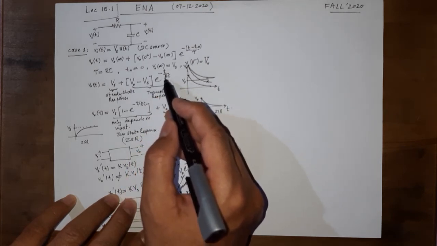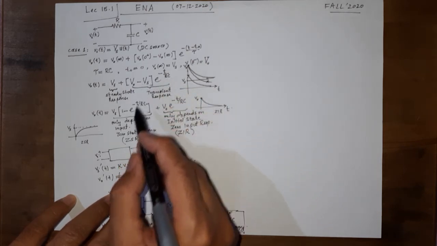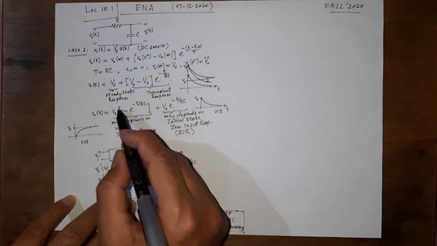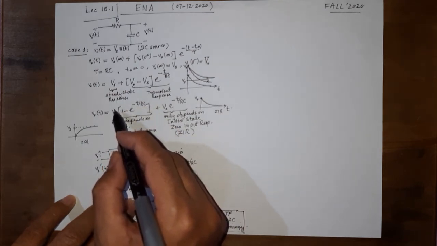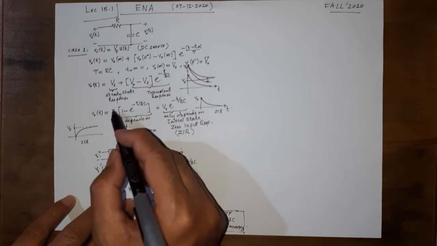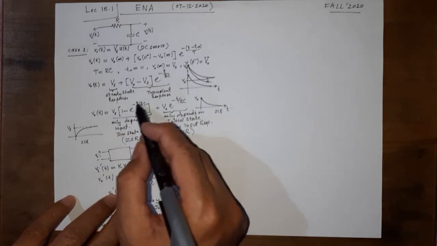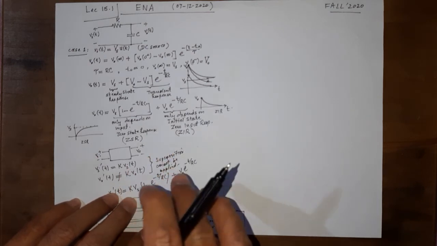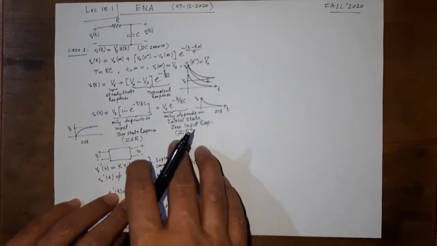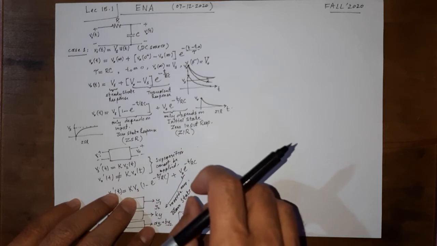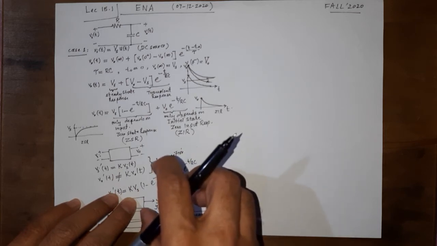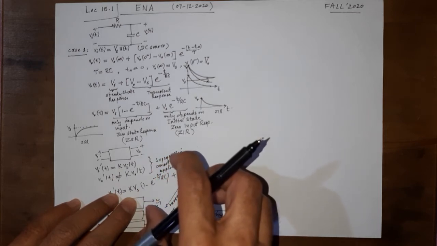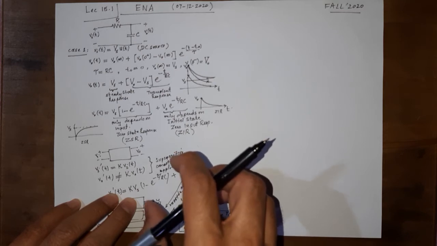It depends on the nature of the circuit, whereas this part is also dependent on the forcing function as well as the natural response. So basically we cannot differentiate very accurately between the natural response and the forced response. The forced response has in its ingredients the natural response as well.